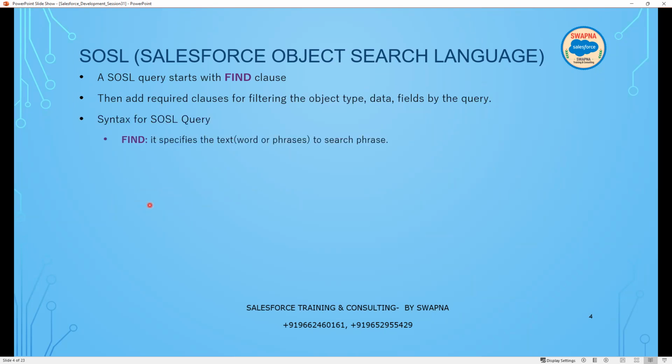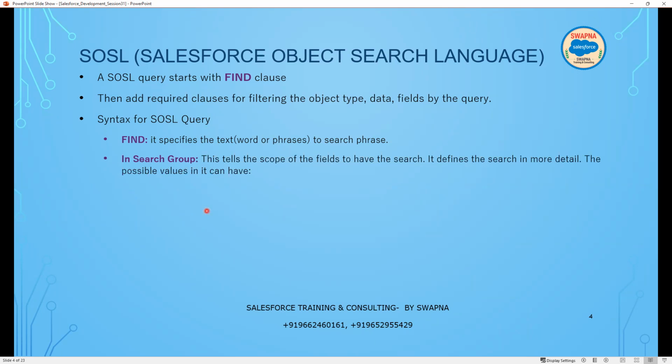The syntax for SOSL is, first you need to start with find, and find specifies the text, word, or phrase to search. After that, you need to write the search group.